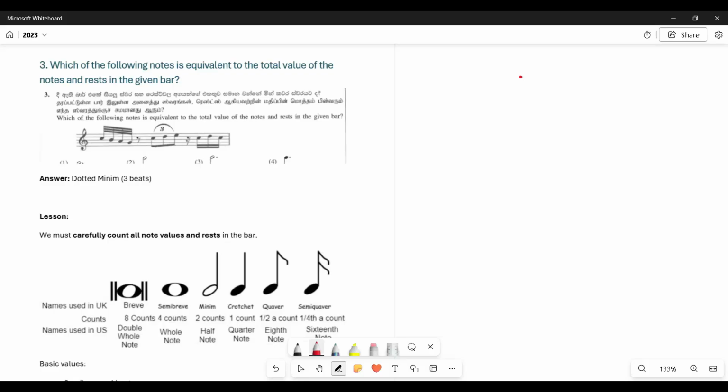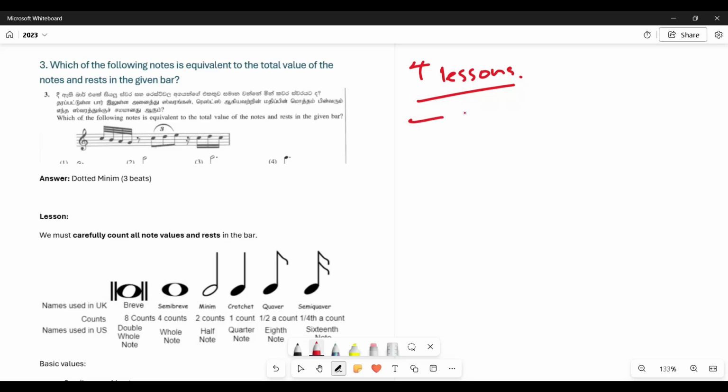Okay, so the next question is, which of the following notes is equivalent to the total value of the notes and the rest in the given bar? Okay, so there are 4 lessons in this question altogether.